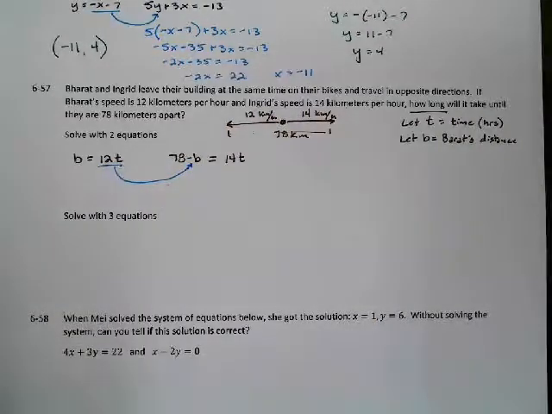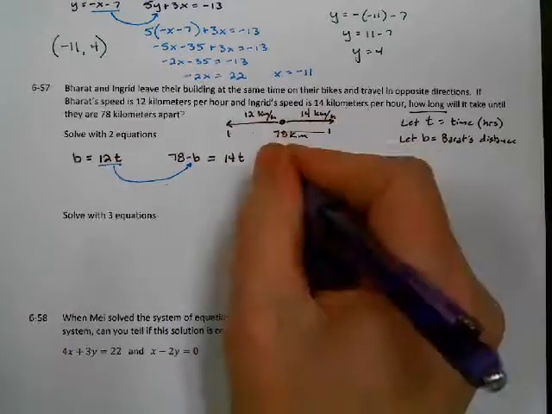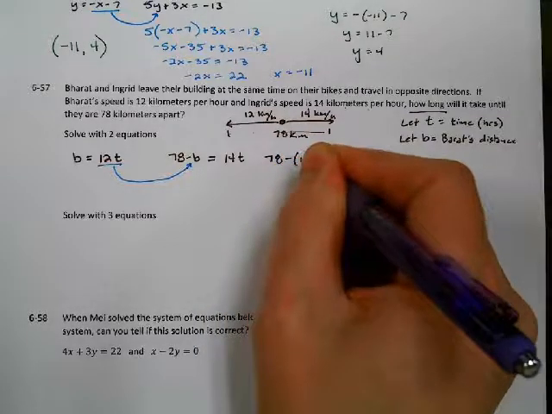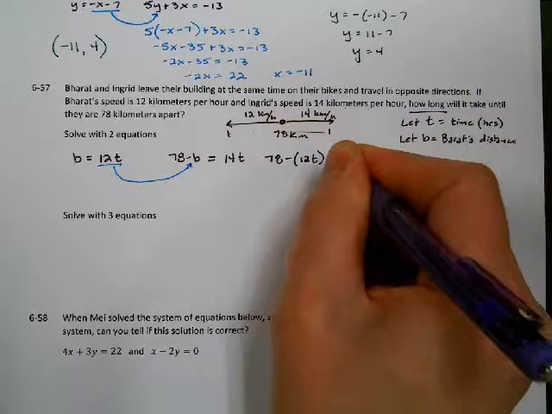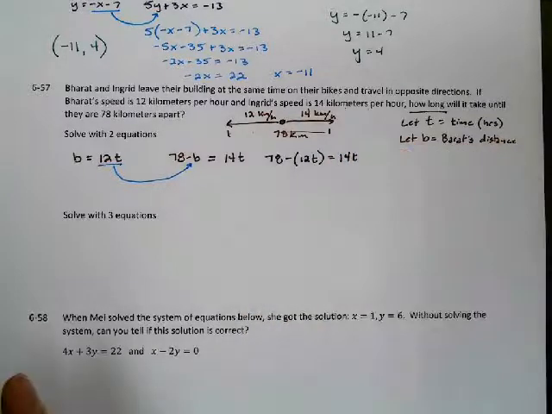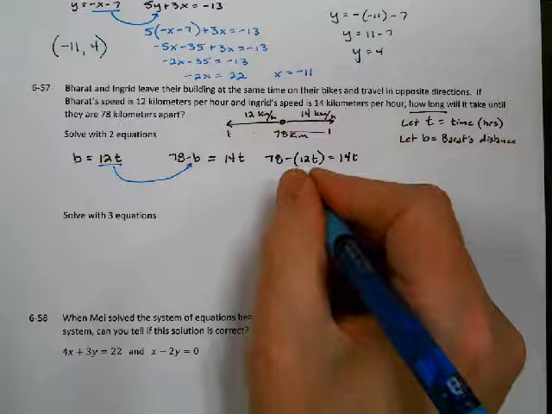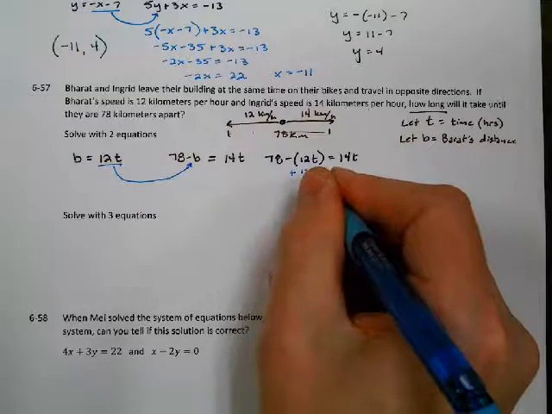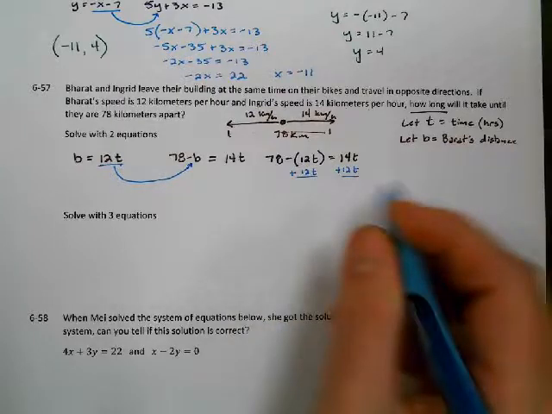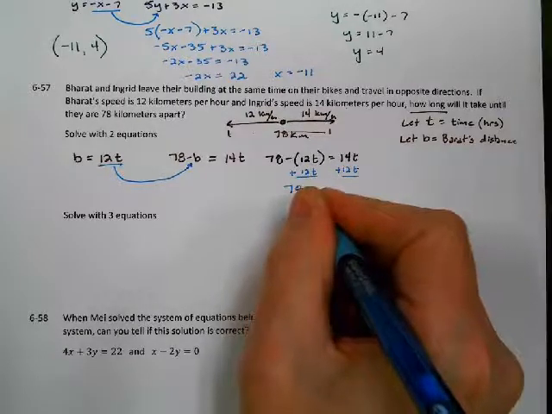So that would give me 78 minus 12t is equal to 14t. I'm going to add 12t to both sides. And this gives me that 78 is equal to 26t.